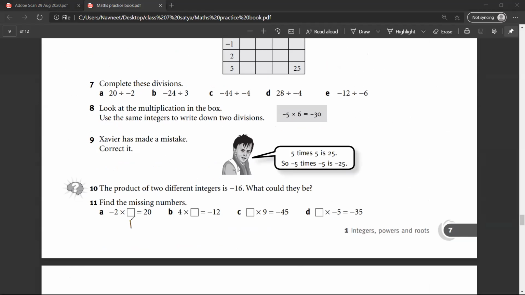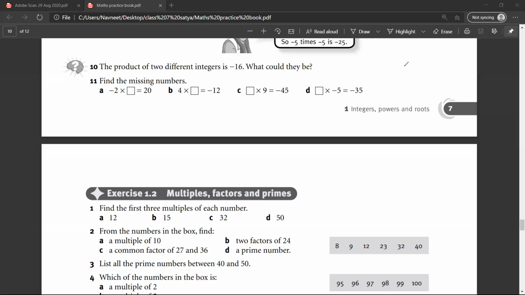What should I write here? You can calculate and tell me. Okay, sir. Okay. So what is the first? First is 10. Minus 2 into 10 is 20. Perfect. Second is minus 3. Very nice. Minus 5.